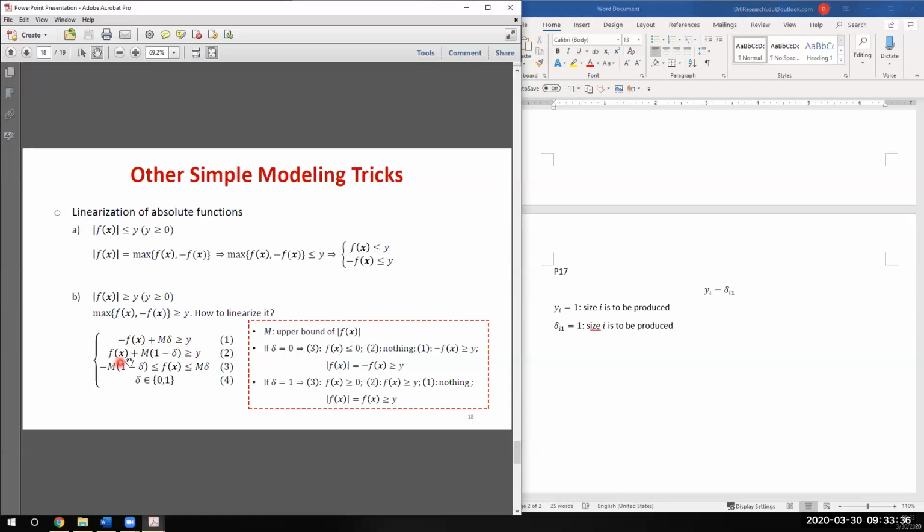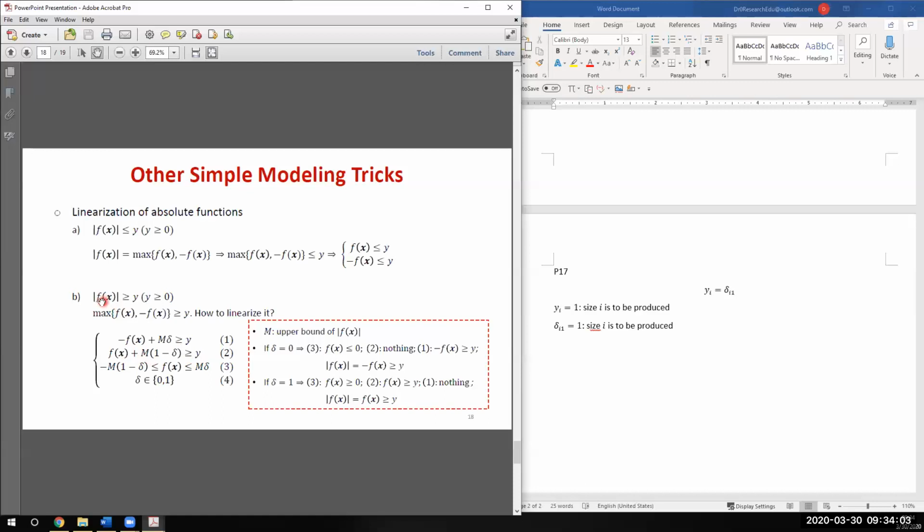Constraint 2 becomes f(x) plus M is greater than or equal to y, because delta equals 0, right? And M is the upper bound of absolute value of f(x). It's a very, very big number again. So if I have f(x) plus M is greater than or equal to y, that means it's always satisfied, because again, M is a big number.